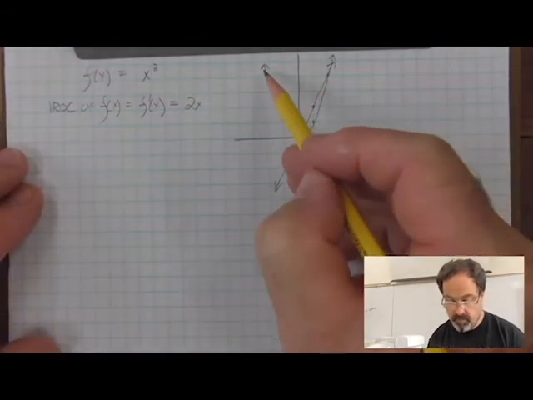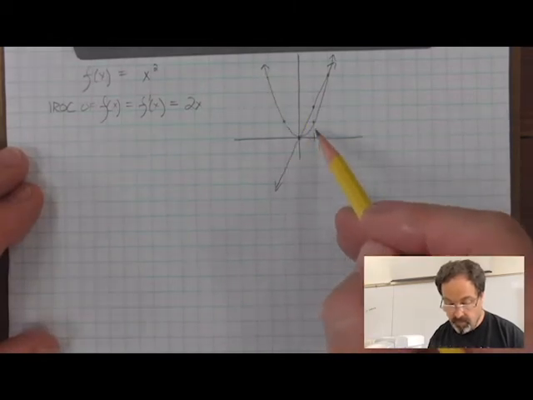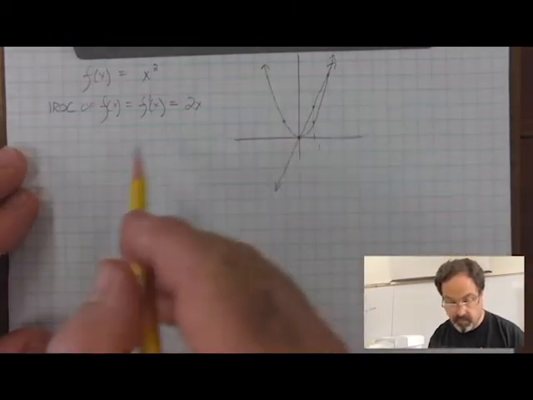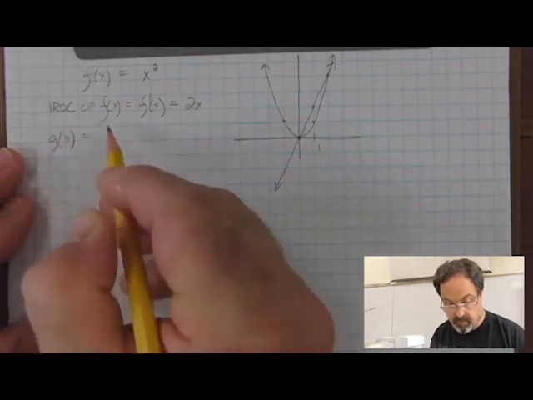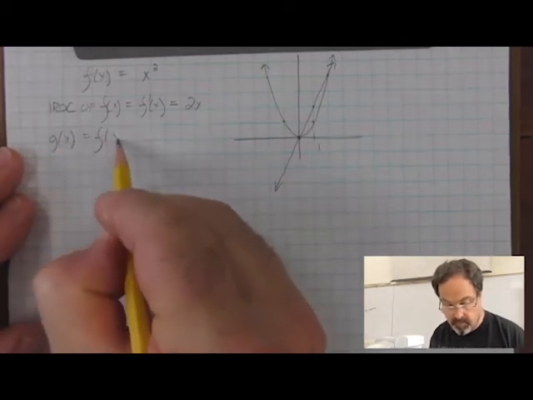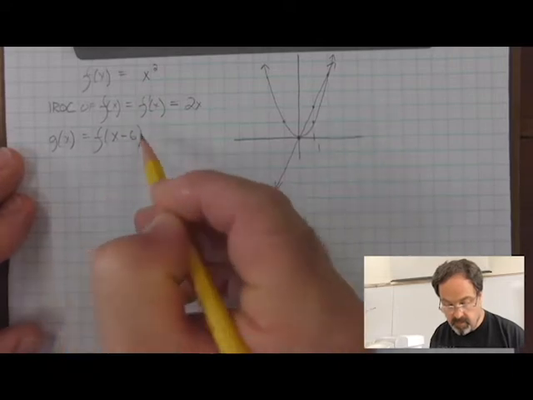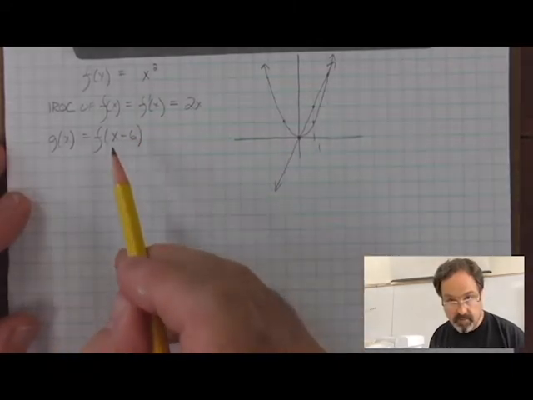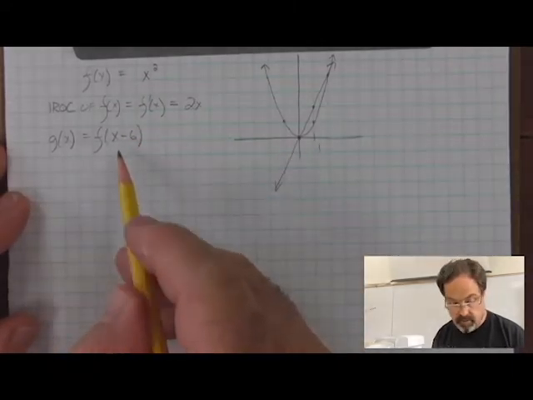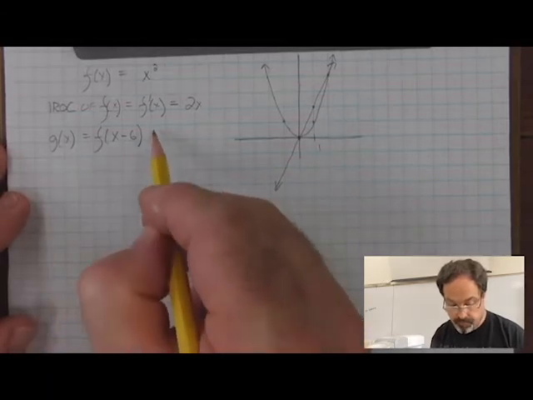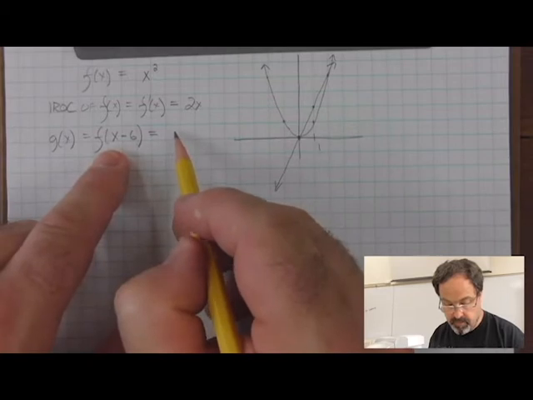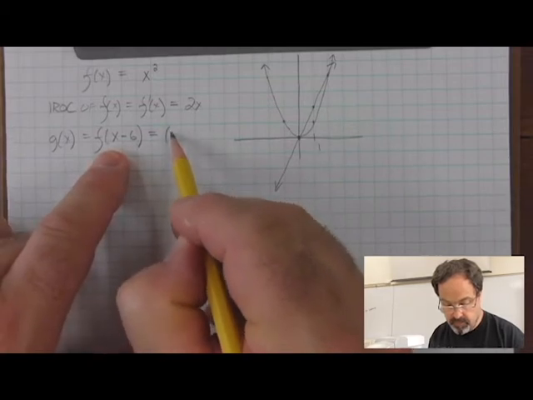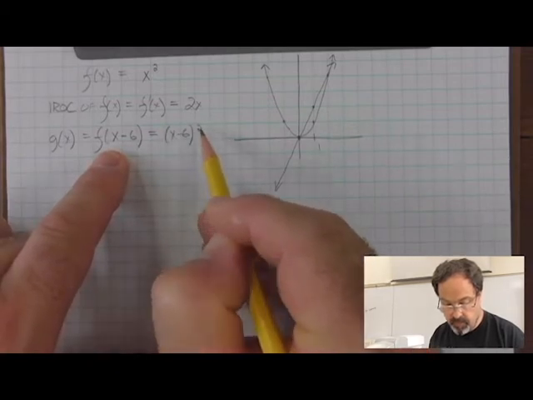Now let's think of transforming this f function. I could define another function as the transformation of f. In this case, I'm going to go right by 6 by subtracting 6 from x. If the x function is a squaring function, then this new function is x minus 6 all squared.